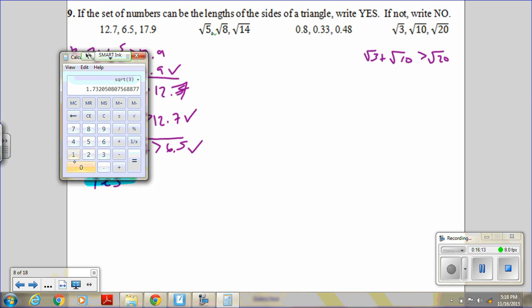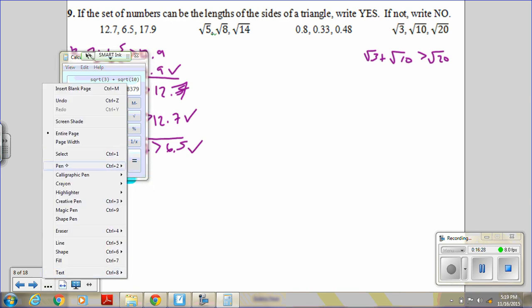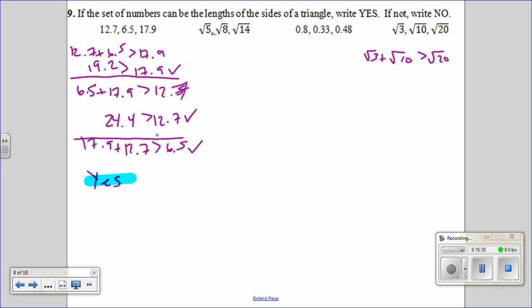Will it do it? Let's see. Yes. Awesome. So that's 3.16. Remember that number. 3.16 is greater than, it's like 4.4 to the square root of 20. And that is false. So the answer for this one would be no.